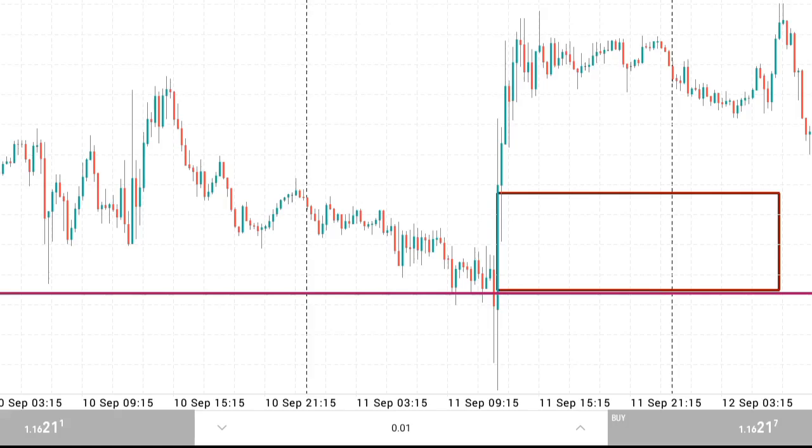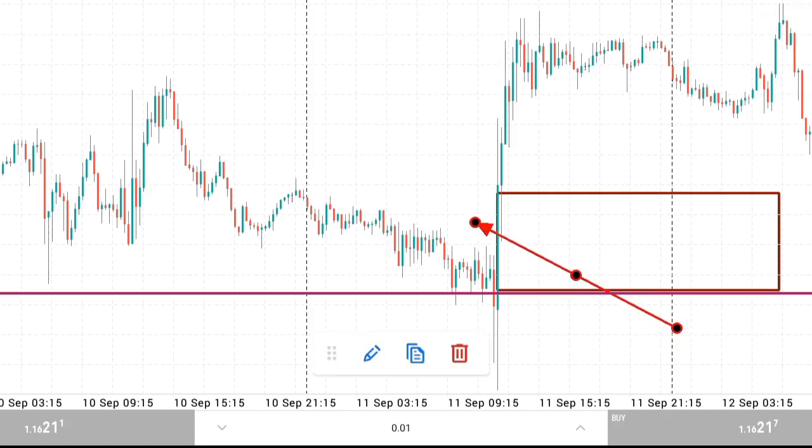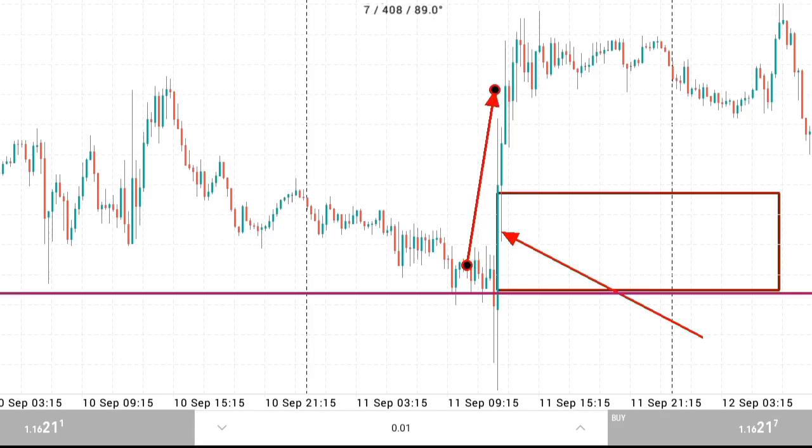This particular candlestick here, this particular candlestick that went up here. Look at the candlestick. This particular candlestick that validates the movement upward. Look at it. Validating the movement upward is what we call our demand zone.